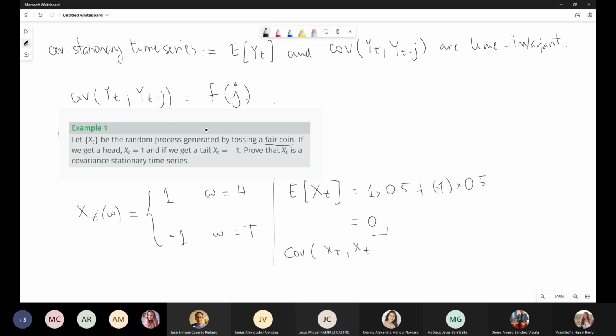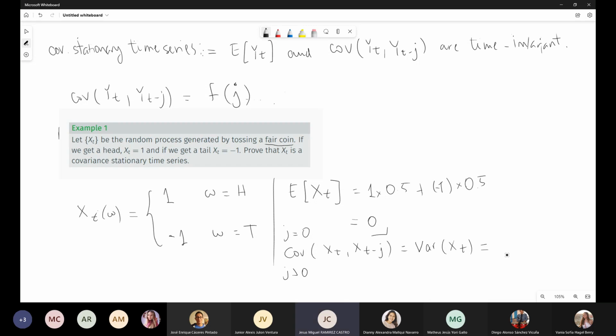That's the mean. Now we need to compute the covariance between xt and xt minus j. What is the covariance between xt and xt minus j? For example, when j is equal to 0 and when j is greater than 0. When j is equal to 0, you have the variance of xt.